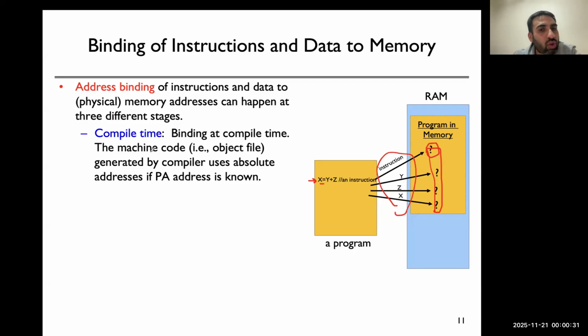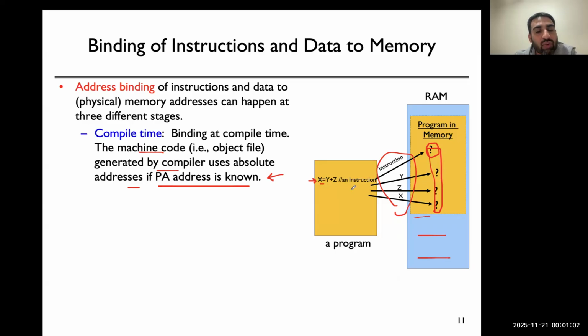So the machine code generated by the compiler uses absolute addresses if the physical address is known. But this can happen only when you know in advance where you want to load your program in memory. If you know the exact starting address of your program in advance, then you can write your code keeping that address in mind.